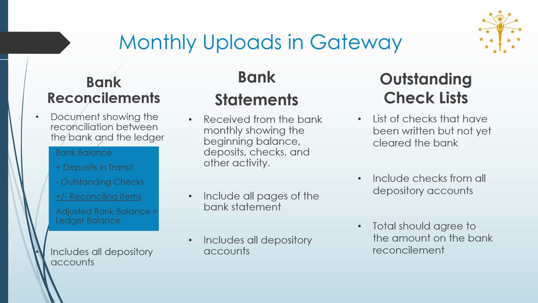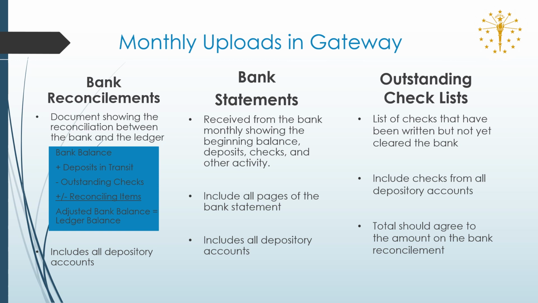The first monthly upload requirement is the bank reconcilements, bank statements, and outstanding checklists. A bank reconcilement is a document that shows how you balance the bank statement balance to your ledger balance. It should show the bank balance plus deposits in transit minus outstanding checks plus or minus other reconciling items and equal your ledger balance.